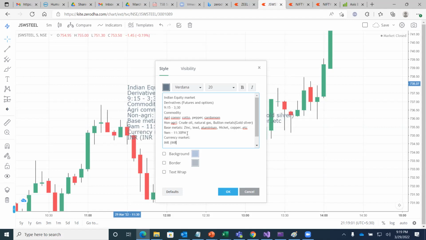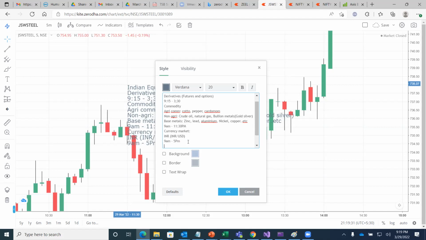For example, INR USD, INR GBP, INR JPY, Japanese yen, INR euro. All these are called currencies. I think this opens at 9 a.m. to 5 p.m. I'm not sure about the closing.